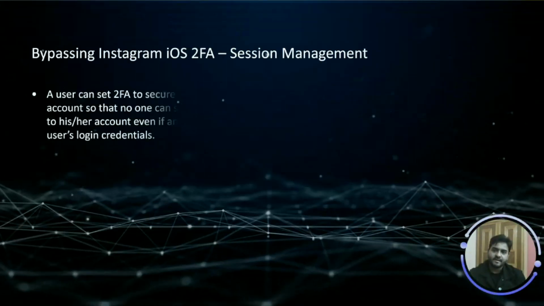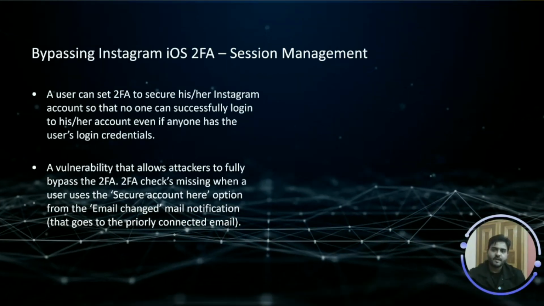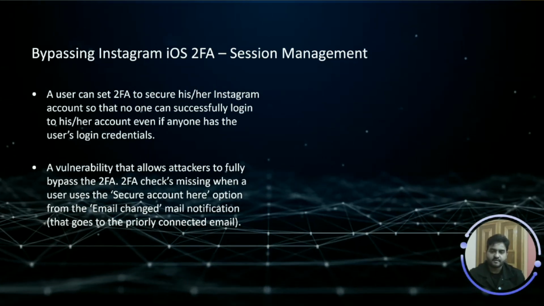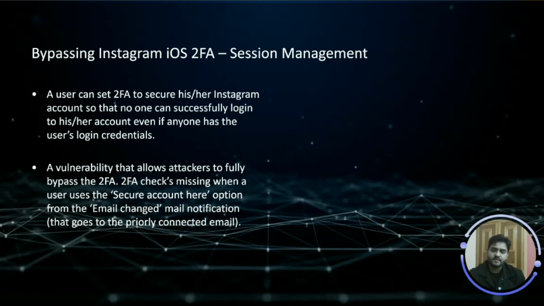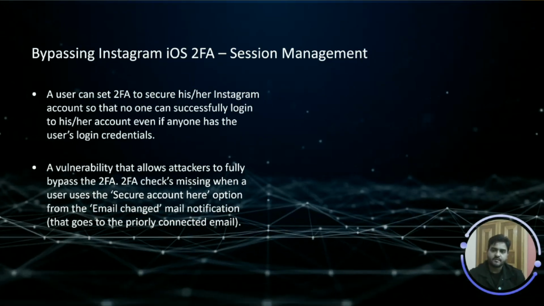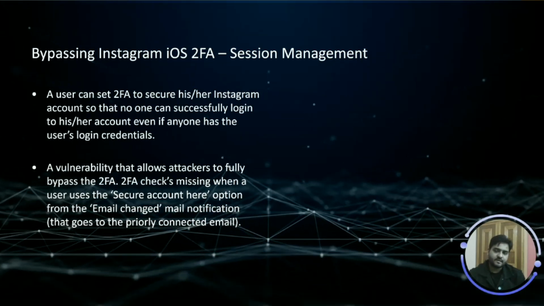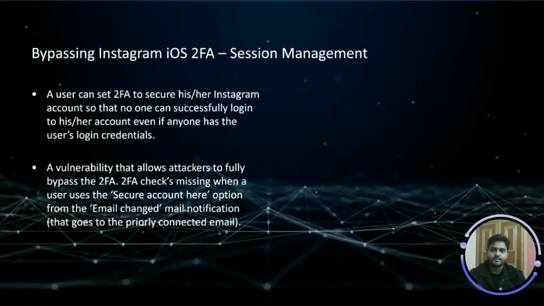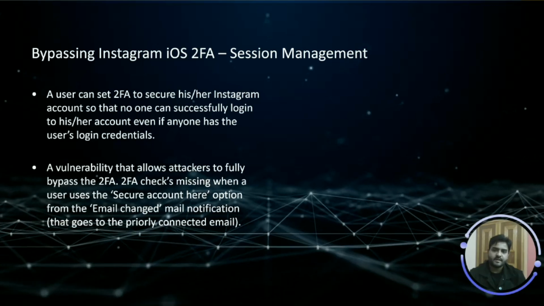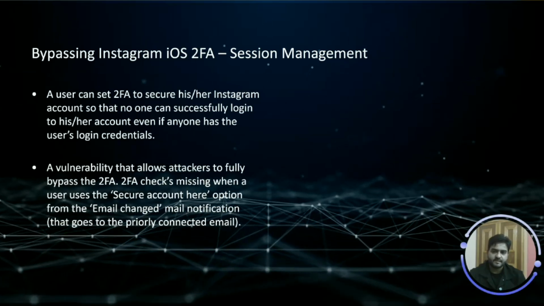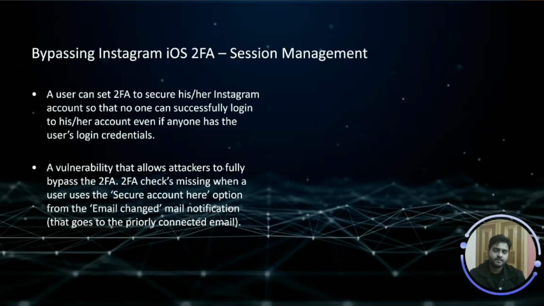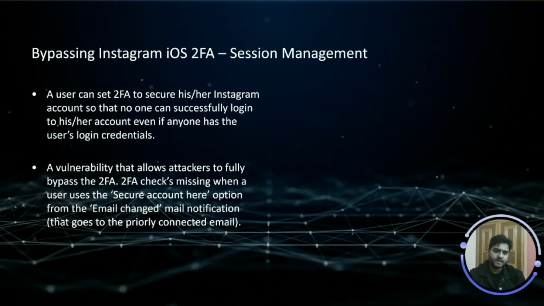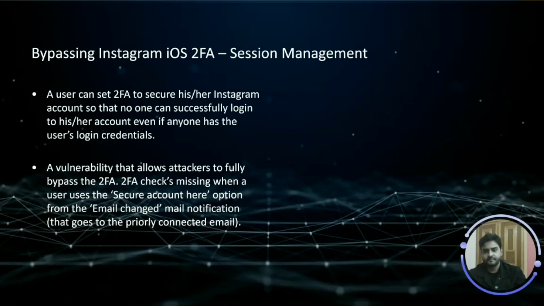Similarly, we have had cases in Instagram where a user can set 2FA to secure their Instagram account so that no one can log in to their account, even if they have the login credentials. This vulnerability allowed attackers to bypass 2FA, and the missing checks were in place where the user uses the secure account here option from the email changed notification.